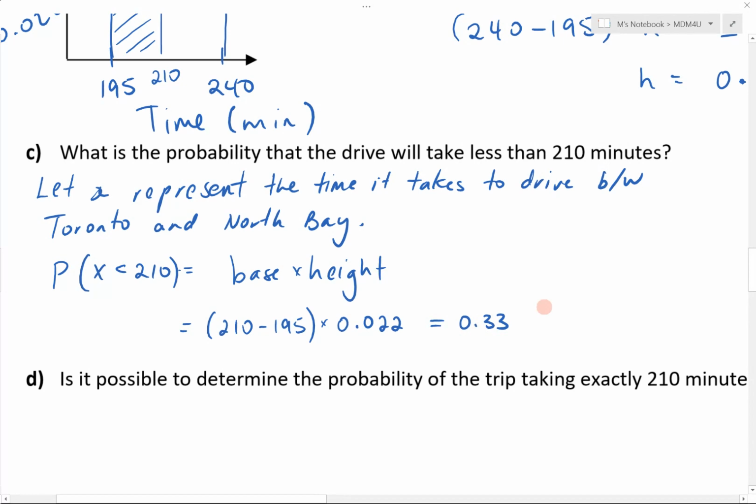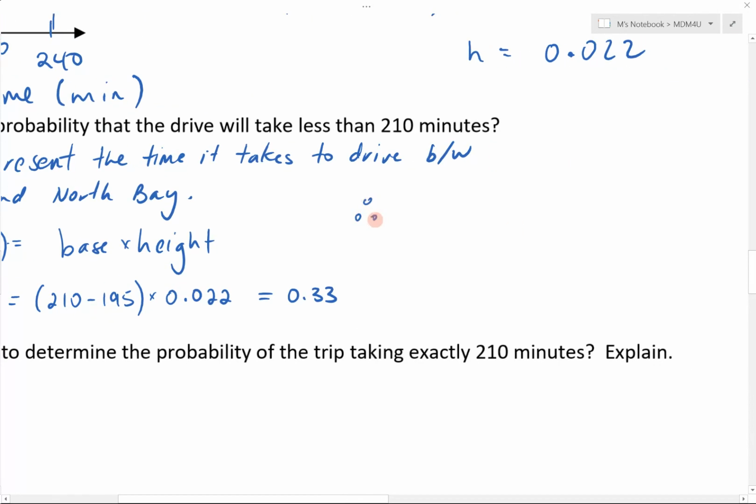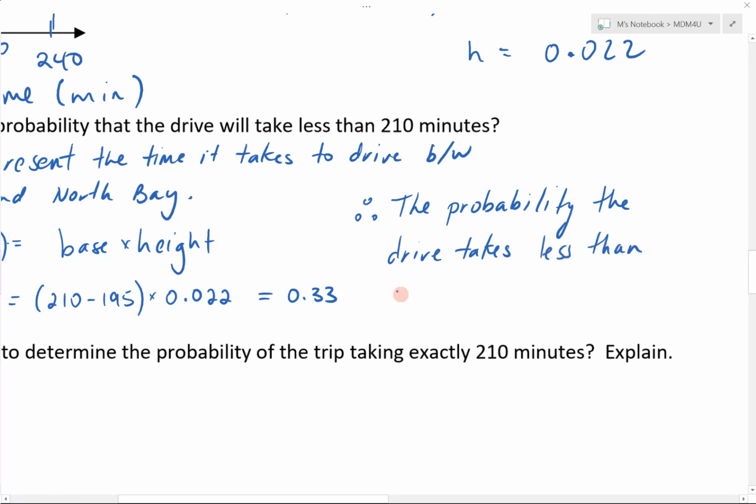So my conclusion, therefore: the probability the drive takes less than 210 minutes is 33%.